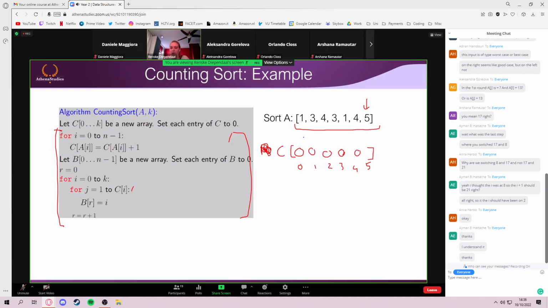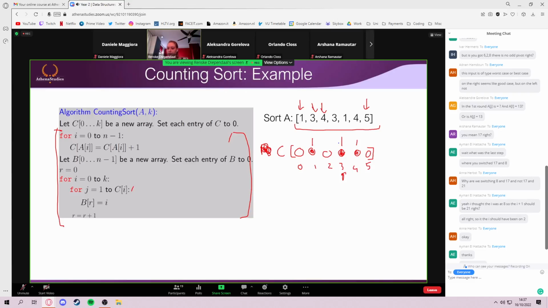And then for each number in here, you count how often it occurs. So we have a 1 here, which means that we change this 0 into a 1. And then we have a 3 over here, so this 0 is now counted, it is going to be 1. So you count the 3 one time. Then you move on to the 4, change this one. Oh, sorry. Yep, very sharp. I just noticed I missed one 0.